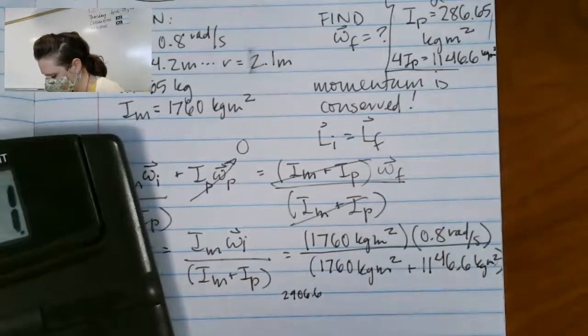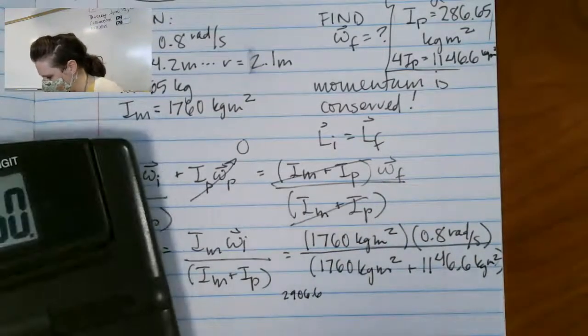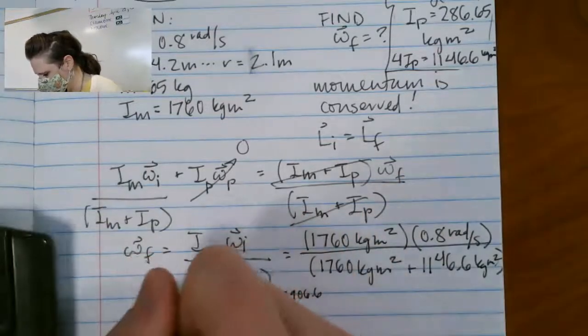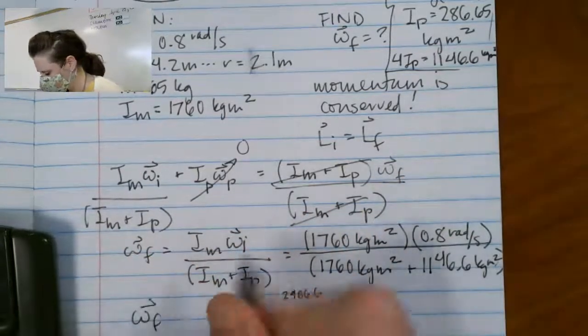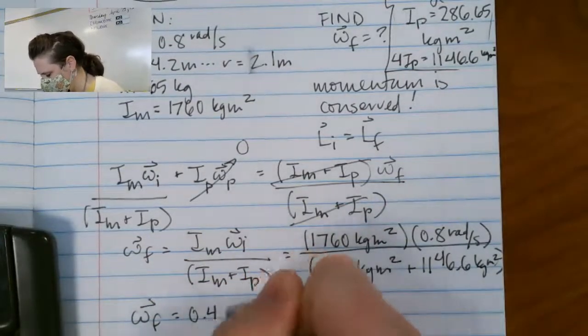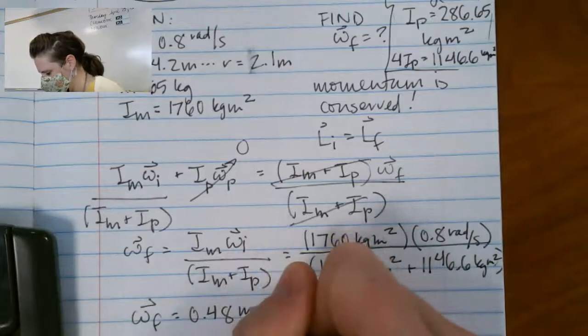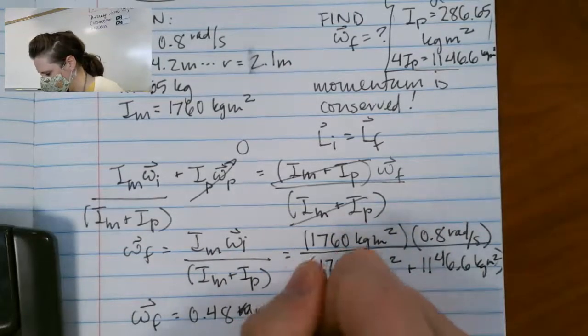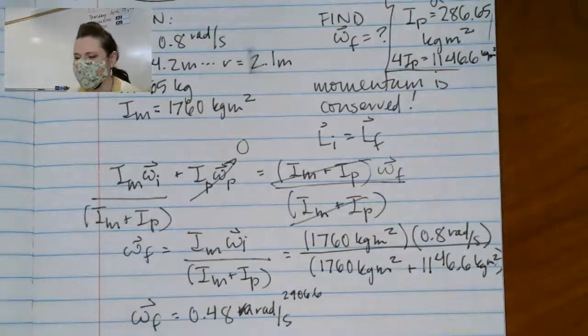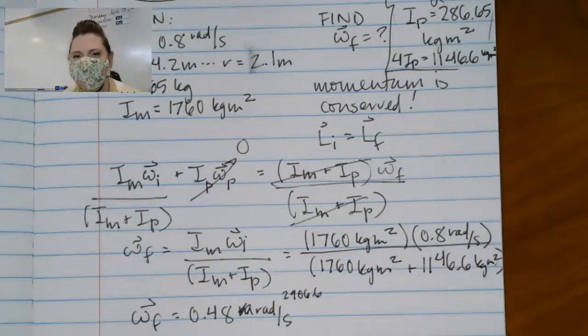Alright, I've got 1,760 times 0.8 divided by 2,906.6 equals. So my final angular speed for my merry-go-round, or angular velocity, I'm being specific here, is 0.484 radians per second, not meters per second. That's how much that is. So not quite half of the initial angular velocity.